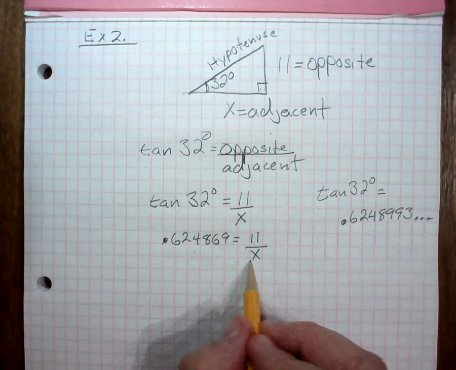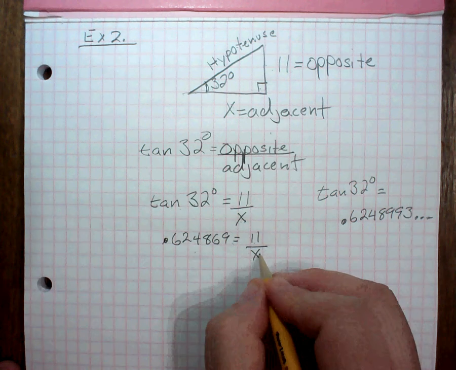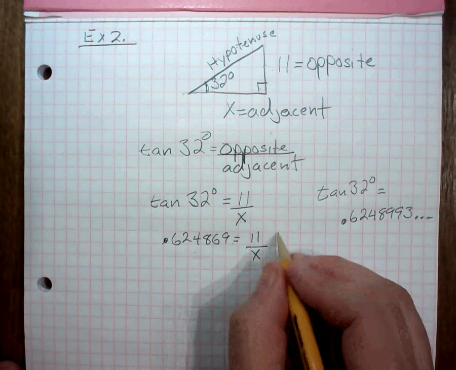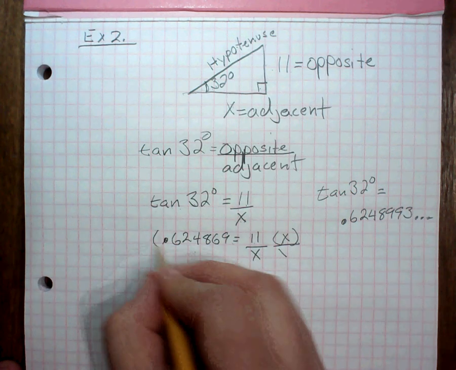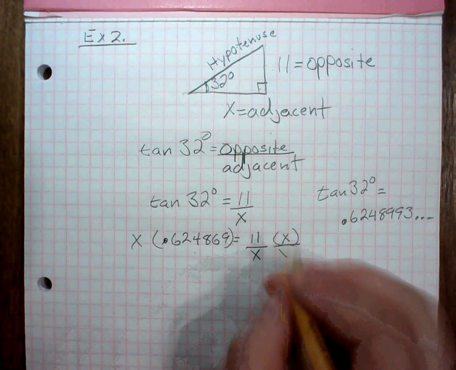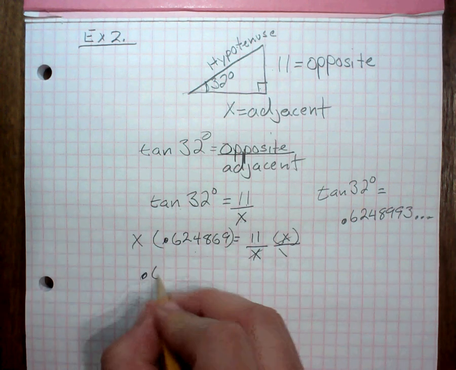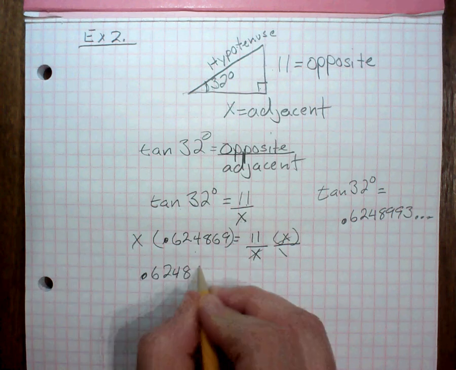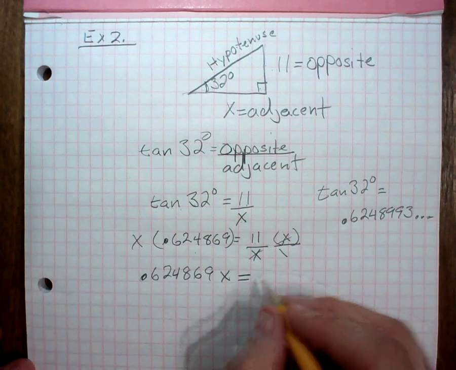We want to get X on top and by itself. So what I'm going to need to do is, the opposite of dividing by X is multiplying by X over 1, and then over here I'm going to do the same thing. I'm going to multiply by X. What that does is this will cancel with this, and I get 0.624869 times X is equal to 11.